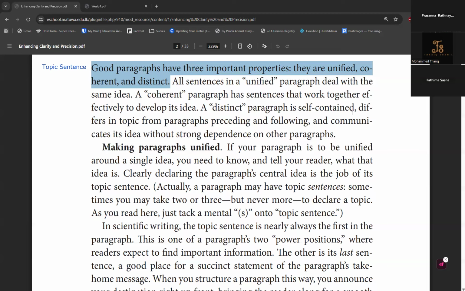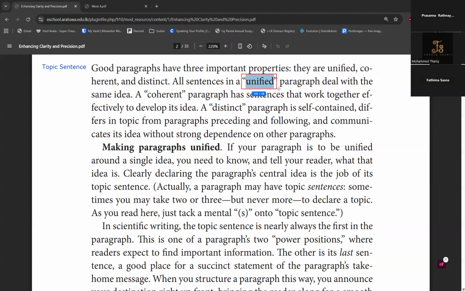All sentences in a unified paragraph deal with the same idea. So what is the meaning of unified? You can grasp it from the very idea given here itself. All the paragraph contains the same idea.